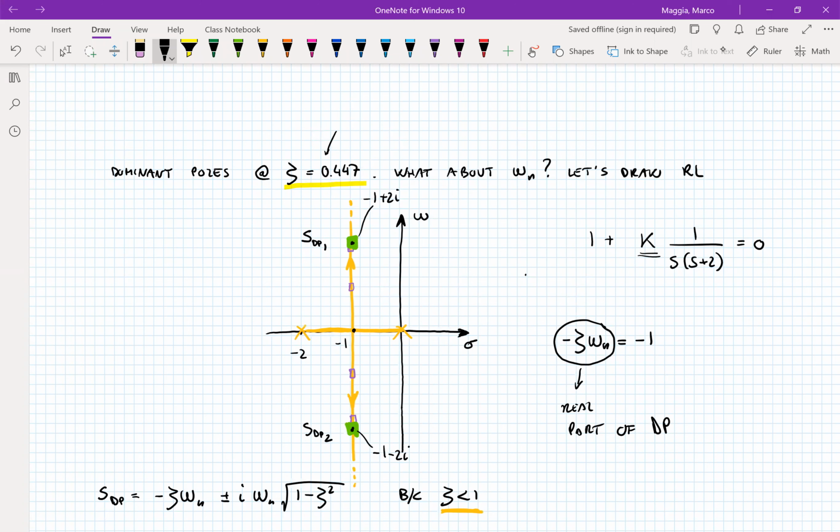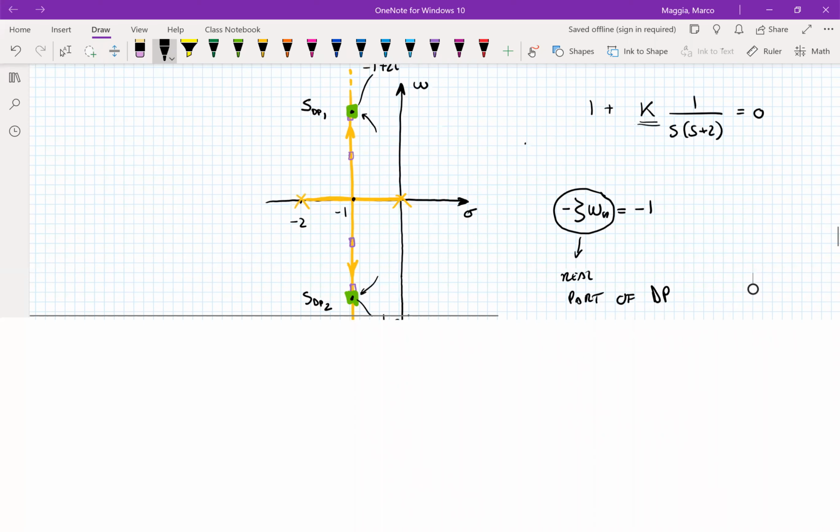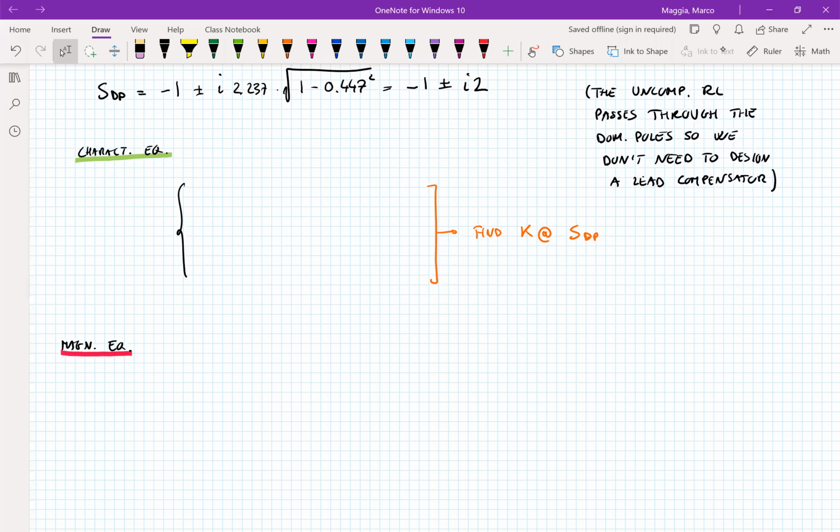So let's see the actual value of k at which we land on the dominant poles. How to do that? Well, we have to solve the characteristic equation at the value of one of the two dominant poles. Once again, I'm going to use the one with the positive imaginary part, that is -1 plus i2.